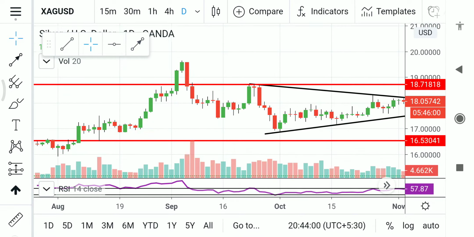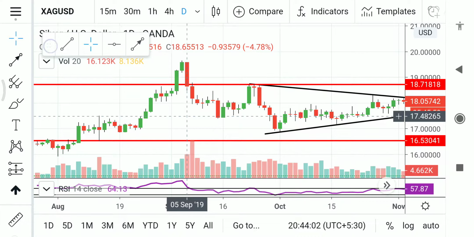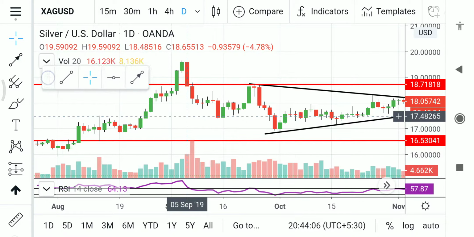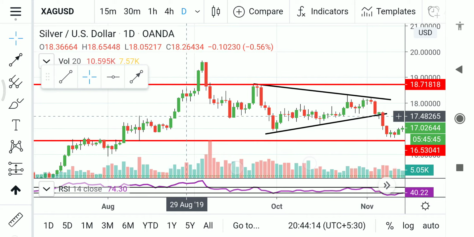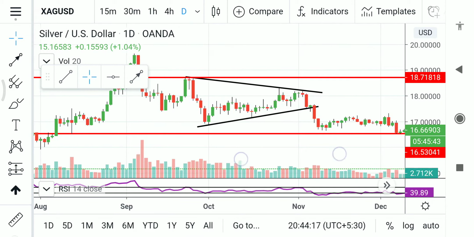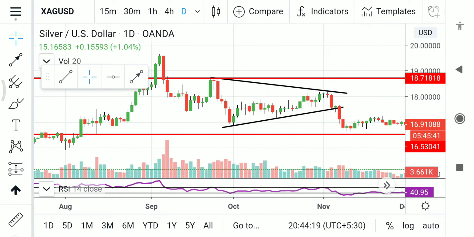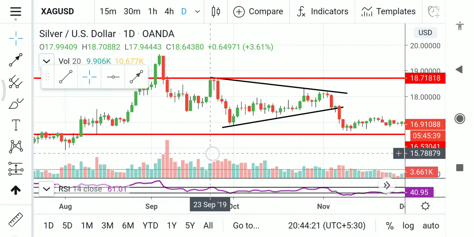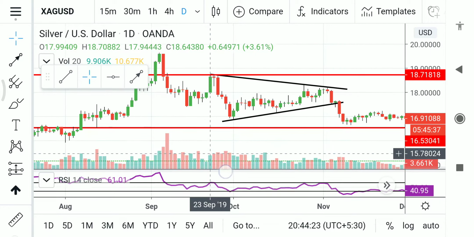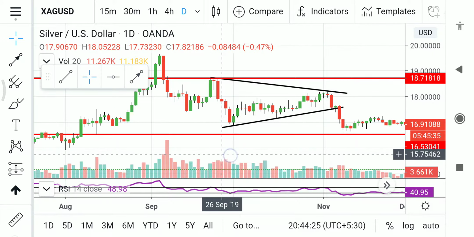See, after a huge fall, that level has not been broken till now. If you check the high, it is somewhere around 19.59, and 19.60 is the high made in that red candle. That high is still not broken. After that, it tried to go above, but in this region it again came down.